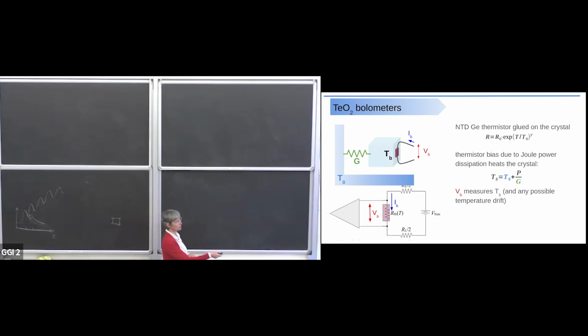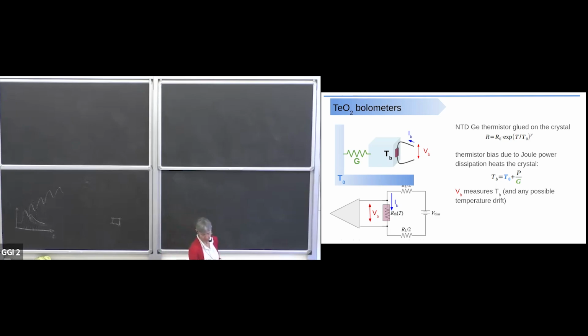And this is the relationship: this is the power that is dissipated, the thermal conductance between the crystal and the bath, and the temperature of the bath. So the voltage across the thermistor provides a measurement of the temperature of my crystal. Okay, because the resistance depends on the temperature, and the temperature of the crystal is different from the temperature of the bath.